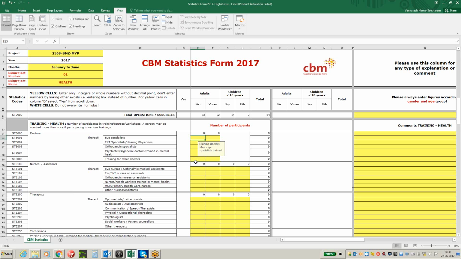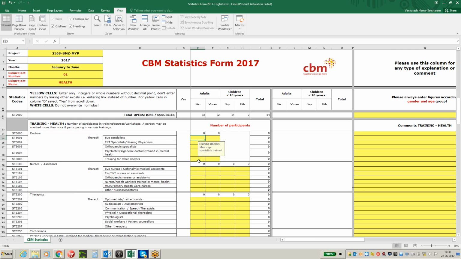If a person is attending different trainings, then he'll be counted under different trainings. It is just the number of participants. For example, if a project has done two trainings in six months, and the total number of participants in both the trainings is 100, then they just fill in how many participants, out of which how many were eye specialists, orthopedics, all these things.